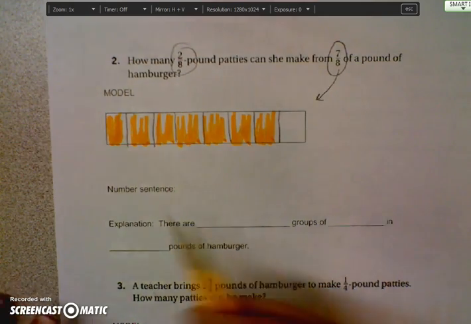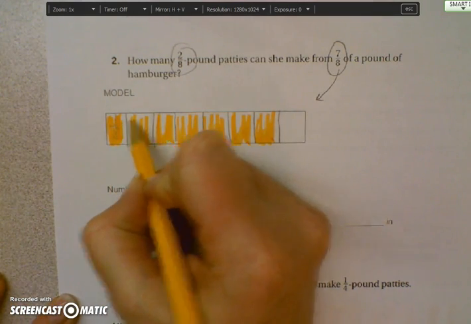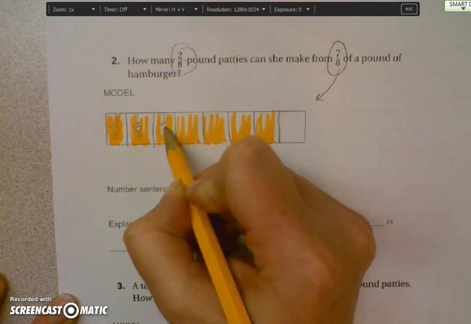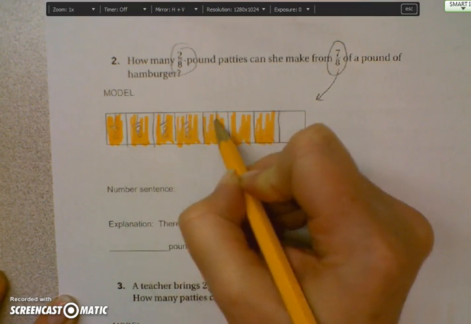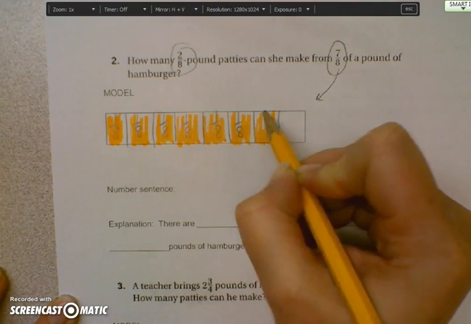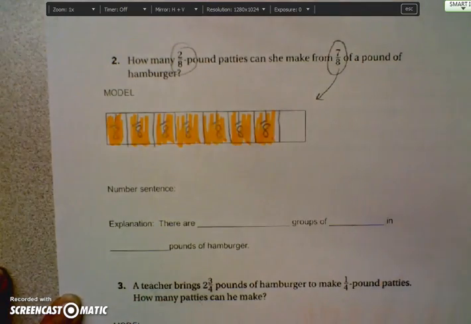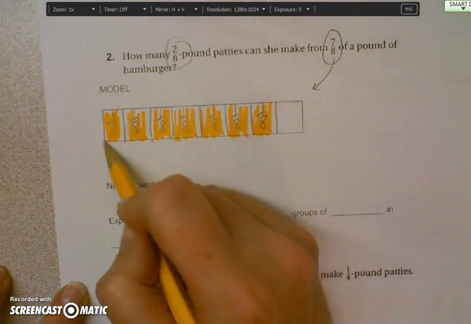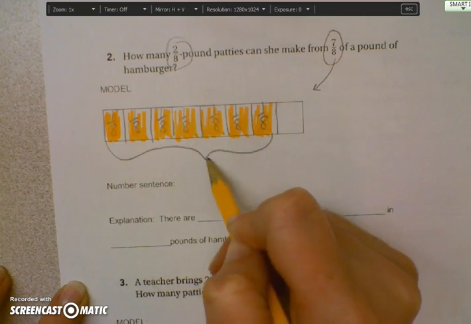Each one of these pieces represents 1/8 of a pound.